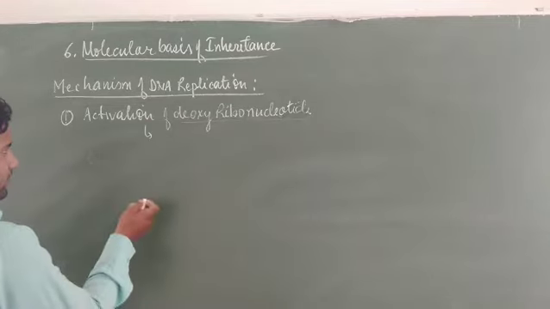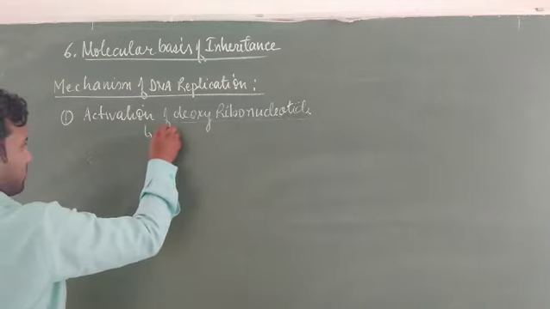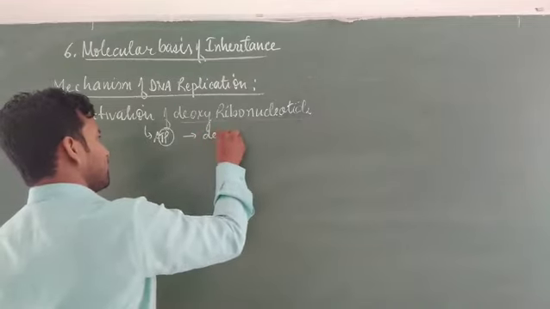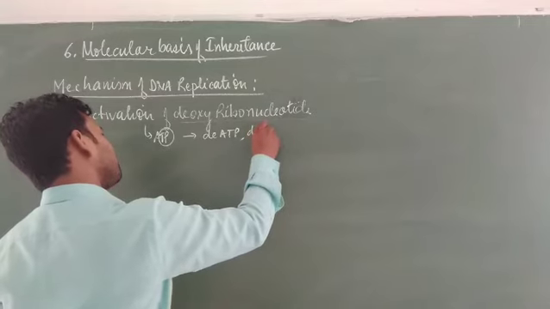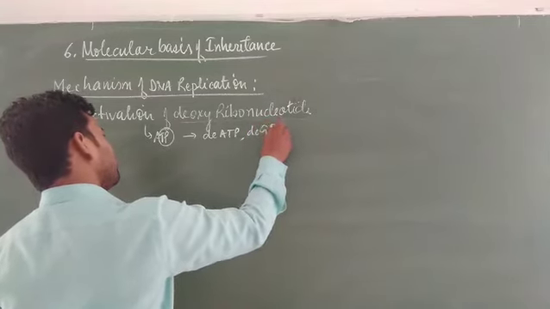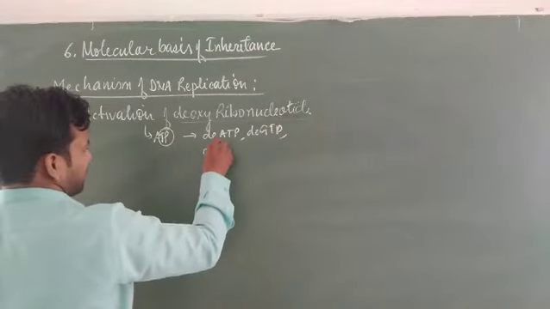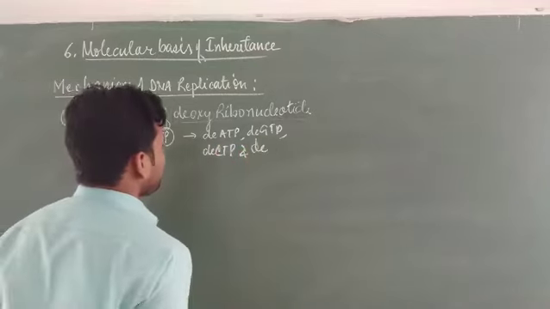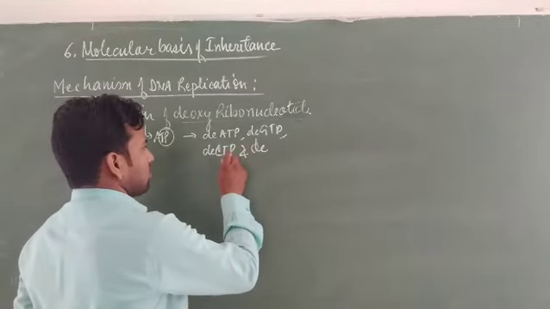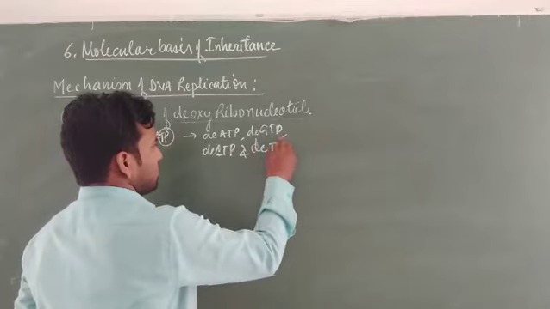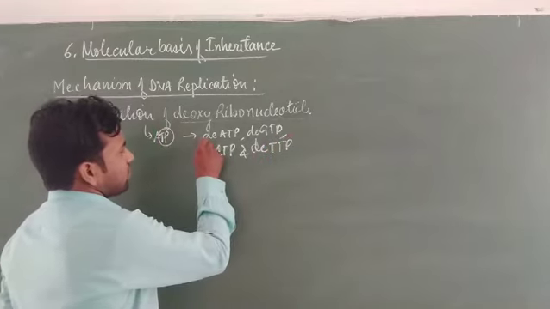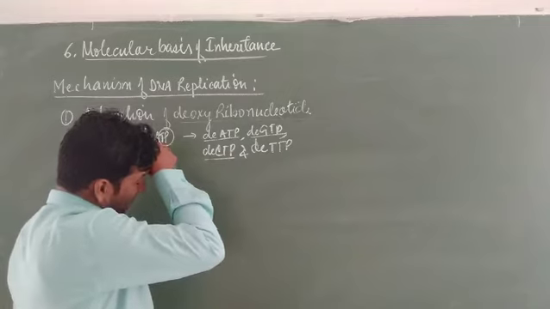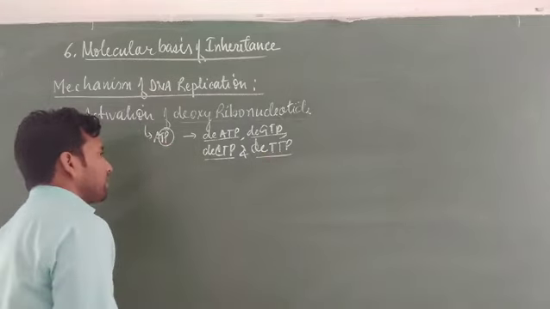This is not activated. If ATP is joined, meaning triphosphate is joined to it, then it is converted into dATP, dGTP, dCTP, and dTTP. That is, deoxyadenosine triphosphate, deoxyguanosine triphosphate, deoxycytosine triphosphate, and deoxythymine triphosphate.